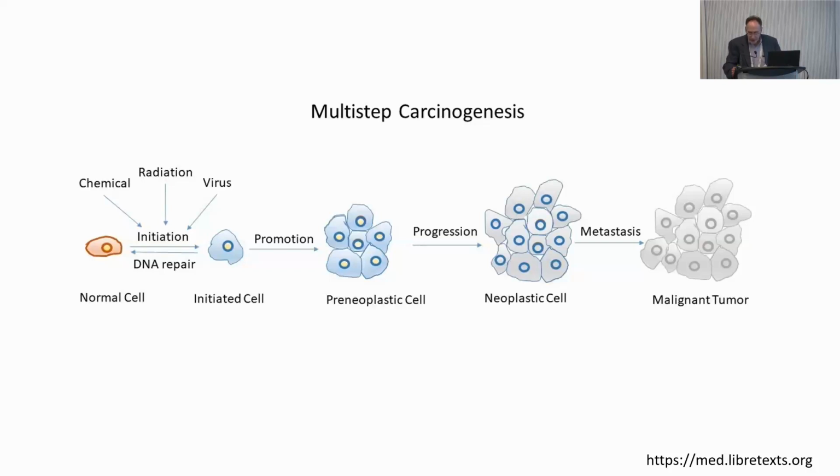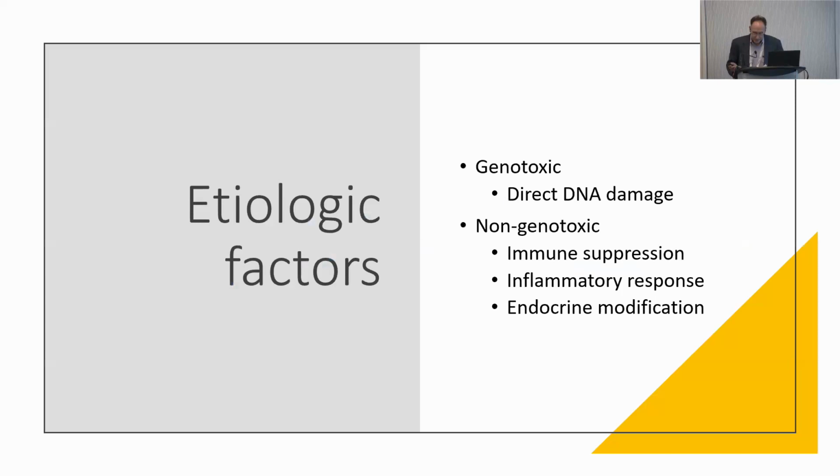Endogenous and exogenous substances can initiate DNA damage, and these initiated cells can then begin clonal expansion with promoters that can help speed up the process.